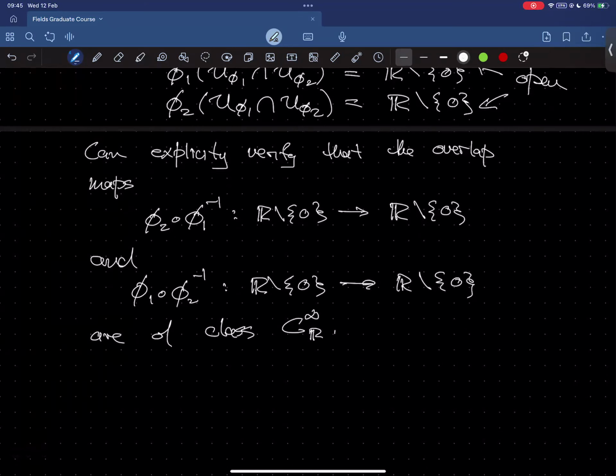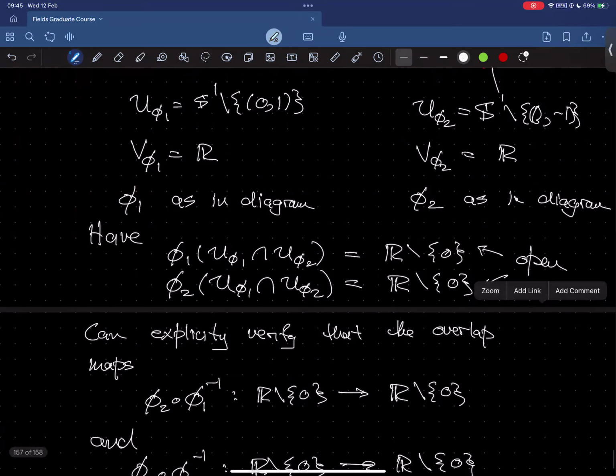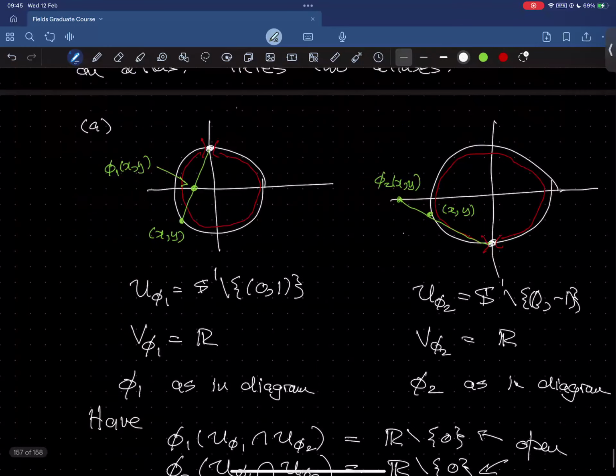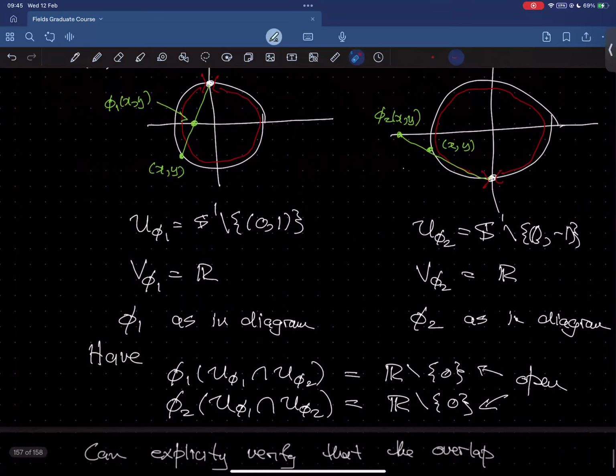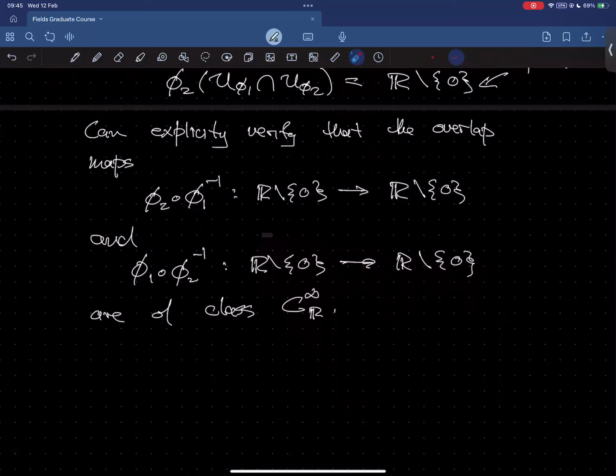So that's one atlas. Because clearly the union of these two domains, U phi 1 and U phi 2, if you take their union, that's all of S1. And then I'm claiming here that the overlap maps are C infinity.